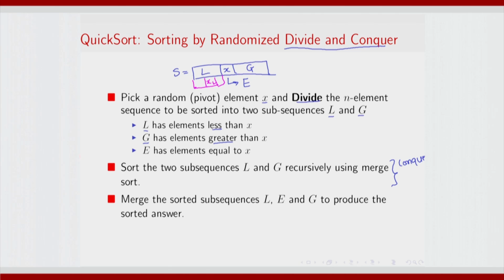Ditto with G, you will divide G into the three parts. Finally, you resort to combine. After having done all the conquer, you merge the result of the arrays L, E and G that are sorted.